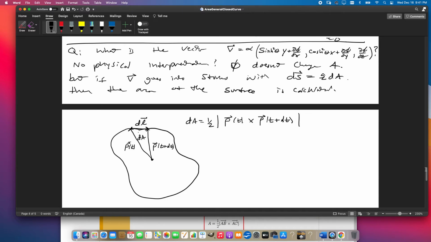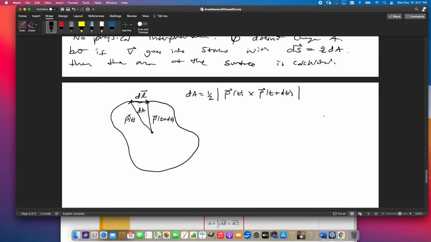Which I guess I'll do now because I can't find it. But we can say this is going to be x hat minus y hat. So the rho is (x, y, 0), and this is x of t plus dt, which I'll just call (x1, y1, 0).